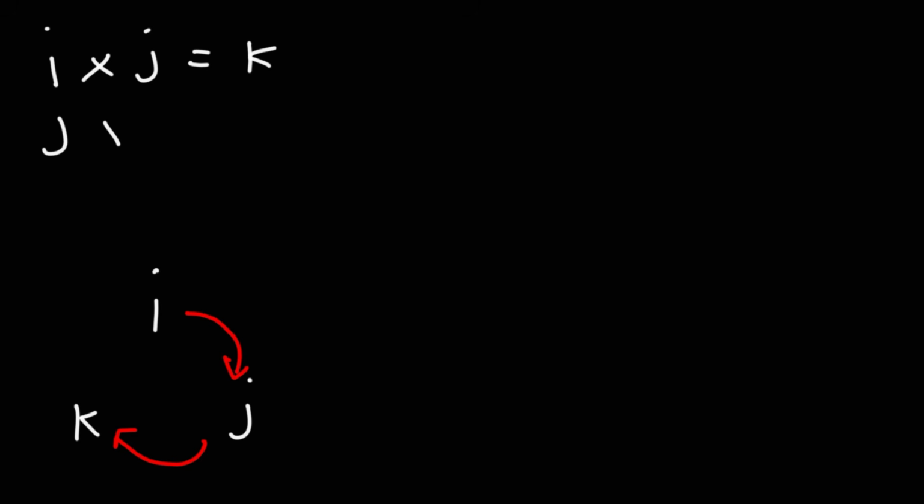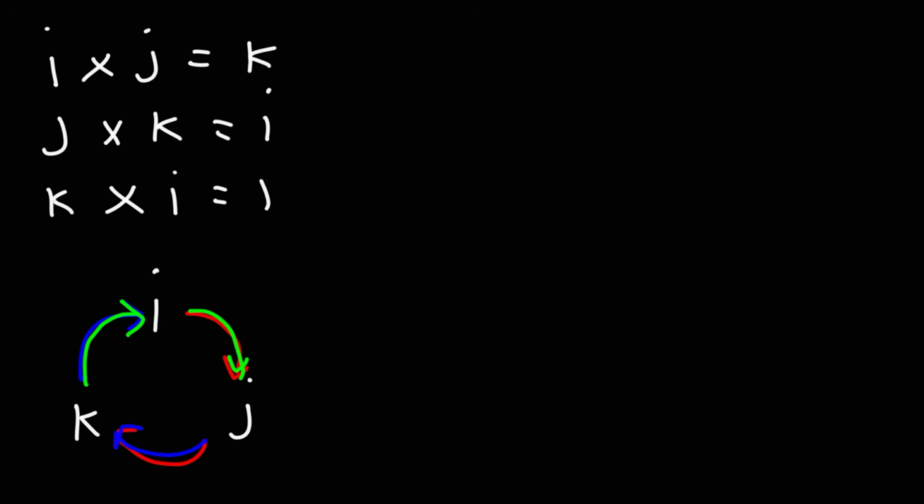And if you multiply j and k, so starting with j, we're multiplying it by k, it's going to give us i. And if we start with k, actually wait, I take that back. After k is i, so we're starting with k, and then we multiply it by i, it's going to give us j.